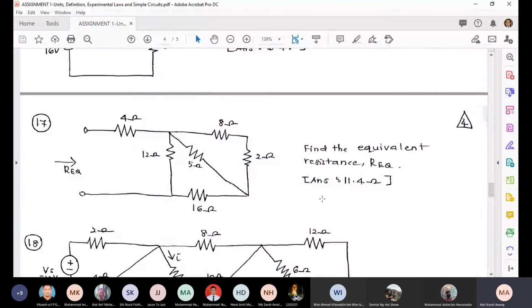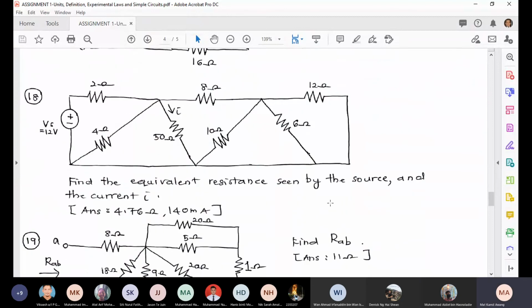Use the concept of series and parallel resistance. How to combine? If you look at it from this way, from the left, you have to start from the right. You have to combine from the right, not from the left. Right?